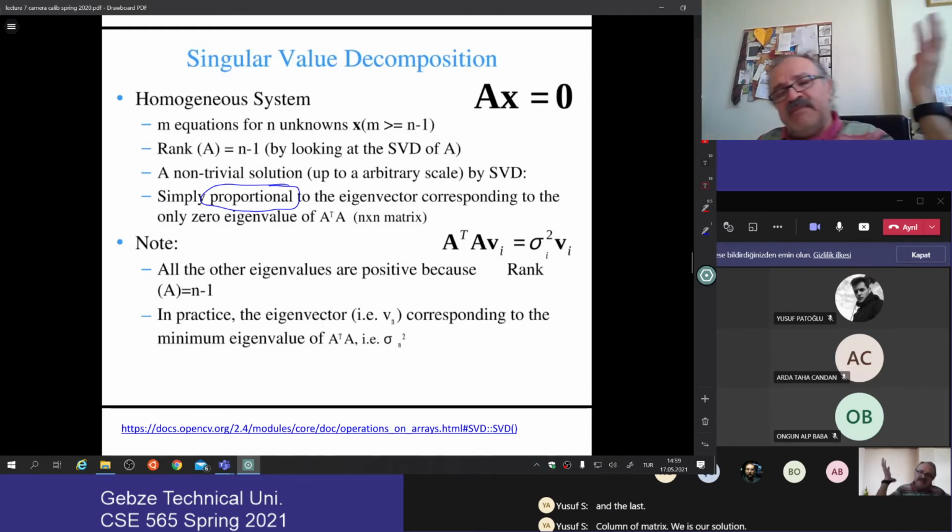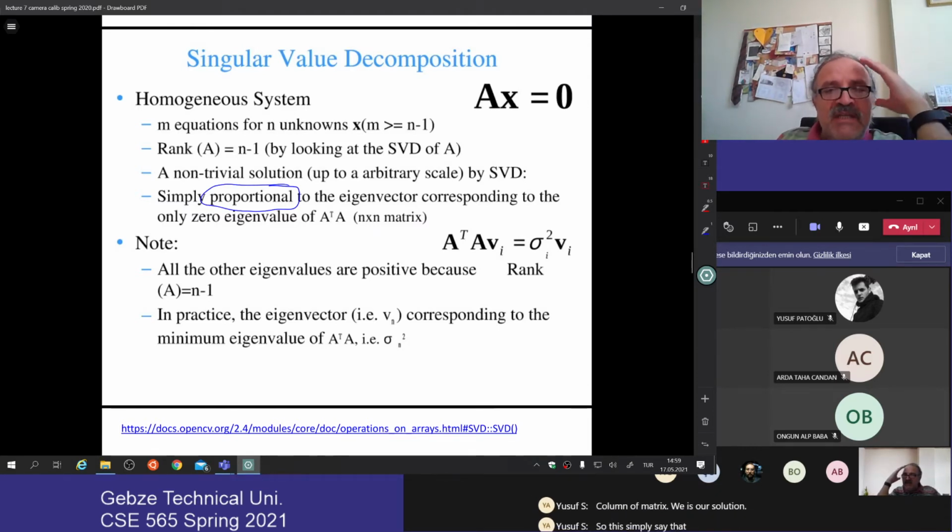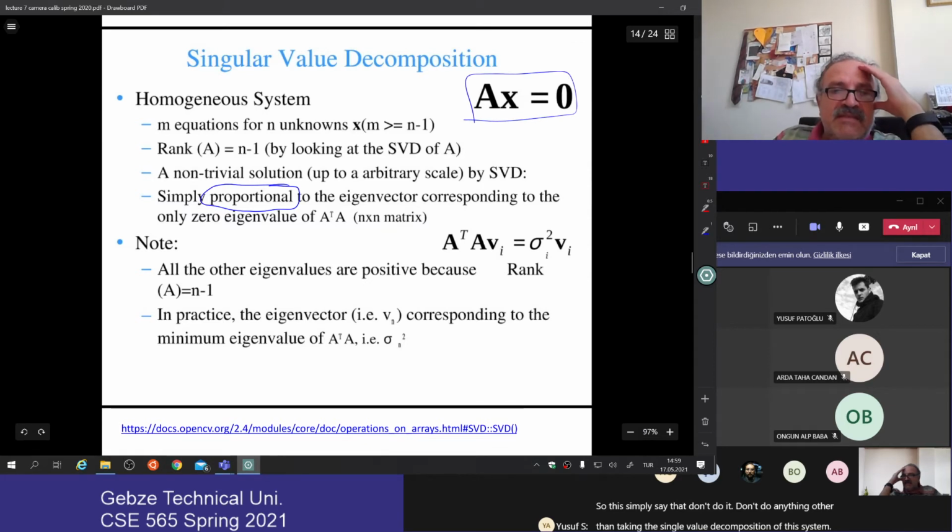So this simply says don't do anything other than taking the singular value decomposition of this system. That's what we are going to do.